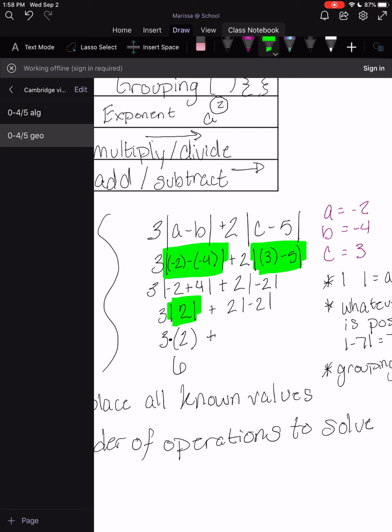Then this second absolute value sign, I've got a -2. Remember, if I'm taking anything out of the absolute value signs, it's always positive. So that becomes a positive 2. So now I have 2 times 2 is 4. So 6 plus 4 is going to be 10. And that would be your final answer.